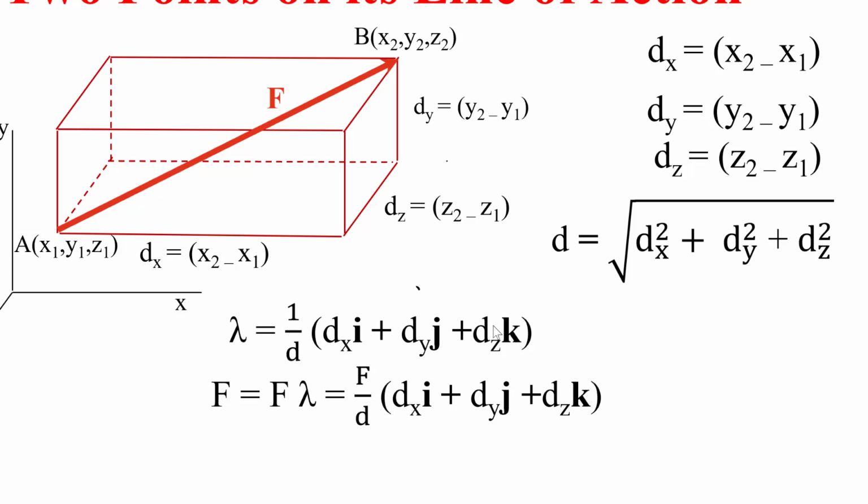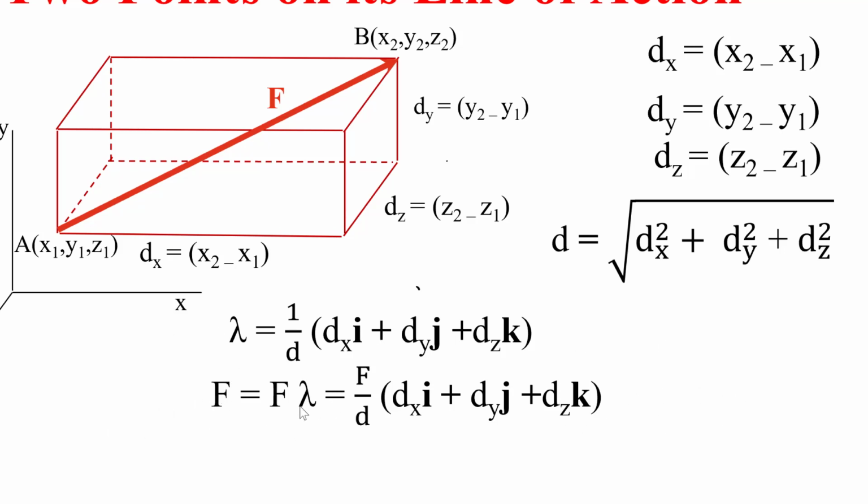You multiply the vector dxi, dyj, dzk, divided by d for all of them, then you multiply by the force F. F is a constant, so it becomes F over d. So F over d multiplied by dxi, dyj, dzk gives me the value of the force.